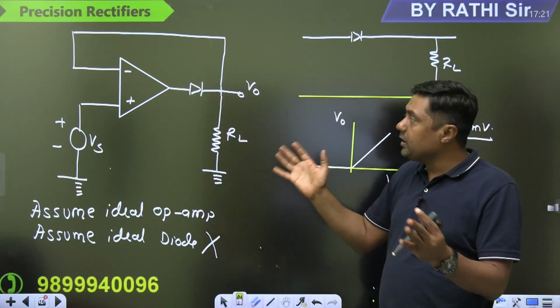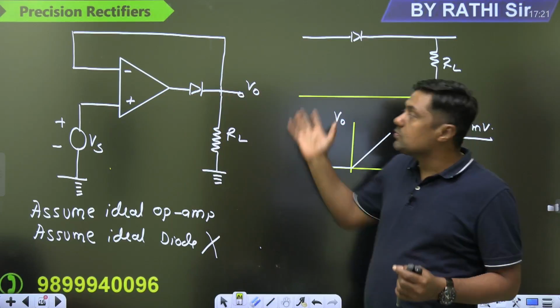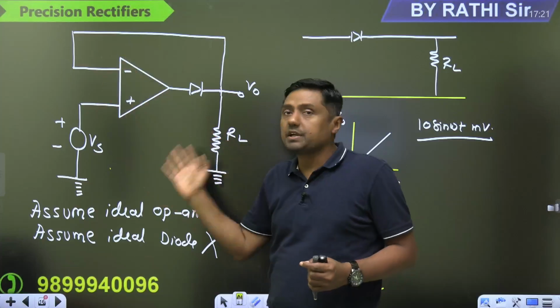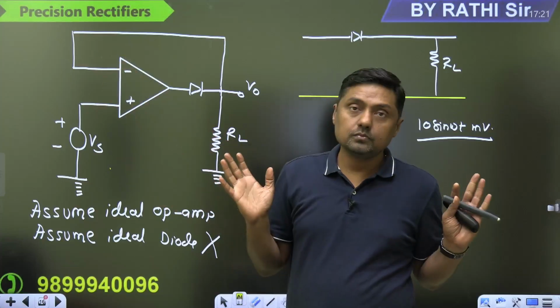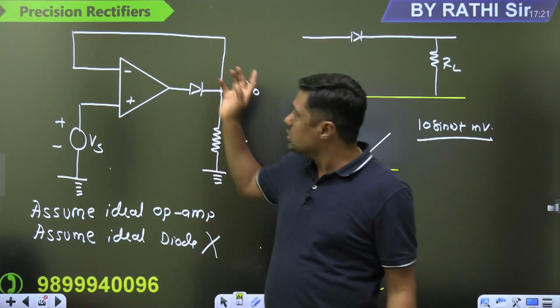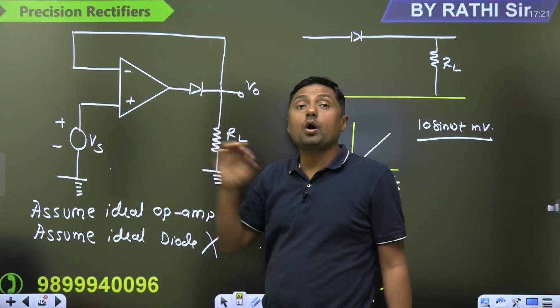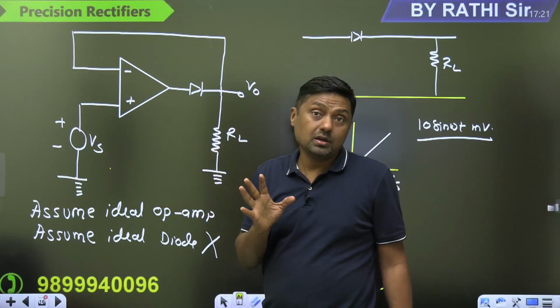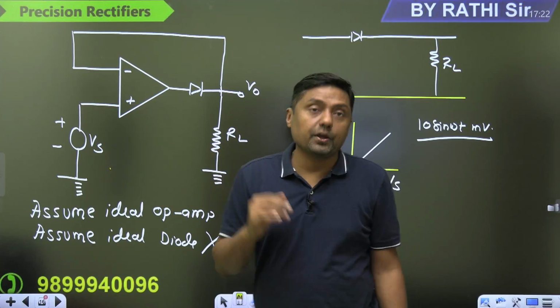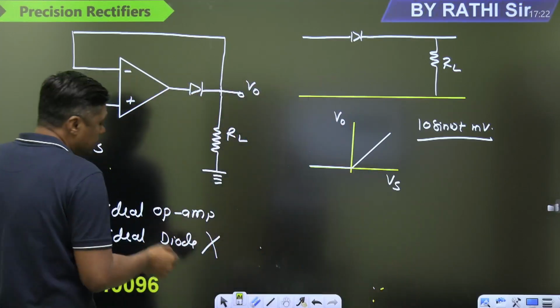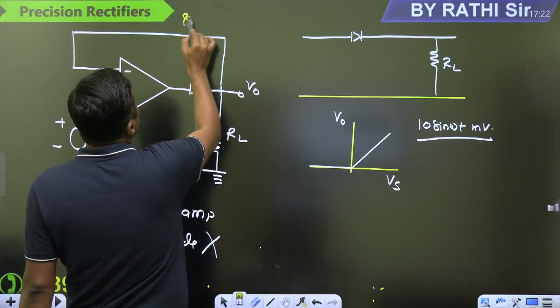So all are happy. When all are happy, what about this circuit? For the input, this circuit is just like a superhero. Why? Because of this active element, this diode is on only for 0.7 microvolt, and that's why it is called a super diode. What is the name of this circuit? Super diode circuit.